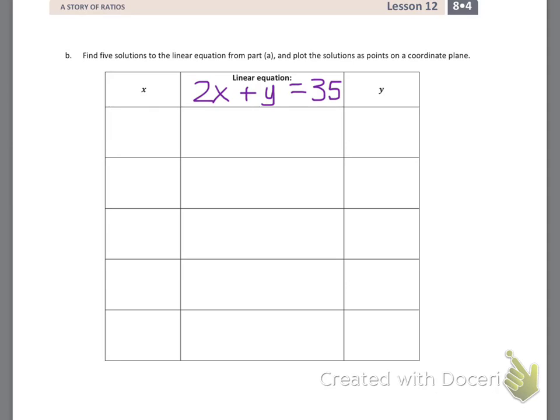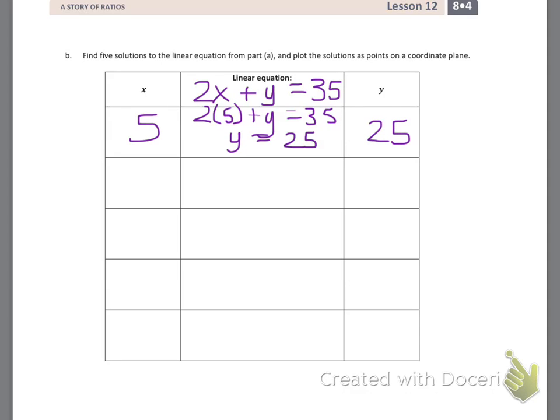Okay, so I am going to start with 5 for x, 5 bags of candy, so 2 times 5 plus y equals 35. 2 times 5 is 10, so if I subtract 10 from both sides, I'm going to get y equals 25. So if I buy 5 bags of candy, I can get 25 drinks.